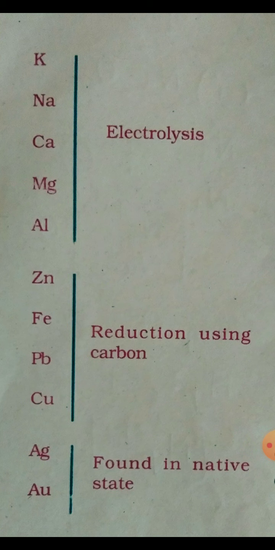We know that these metals are very reactive, so reactive that they are never found in nature as free elements. Why? Because they are so reactive, they can easily react with any other element or substance. That is why they are never found in a free state.